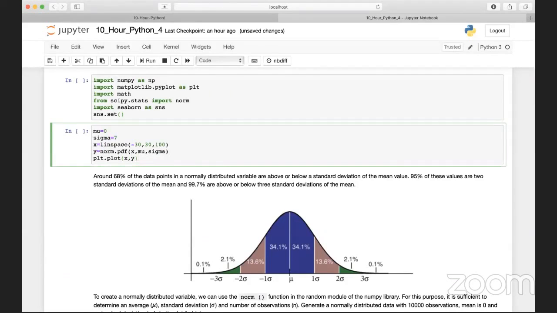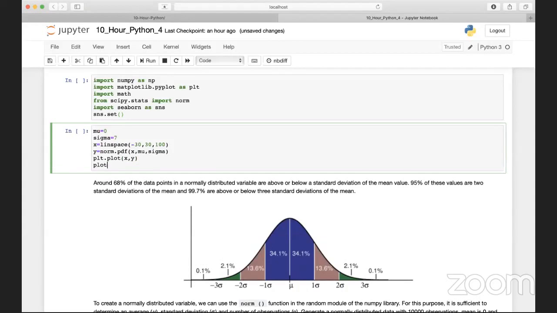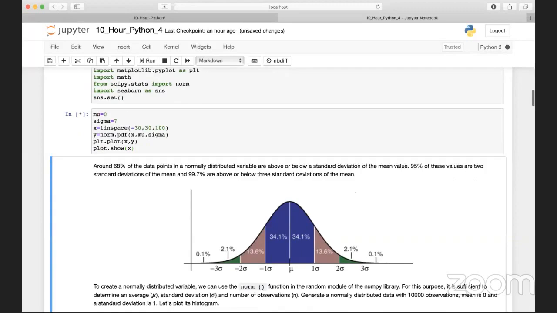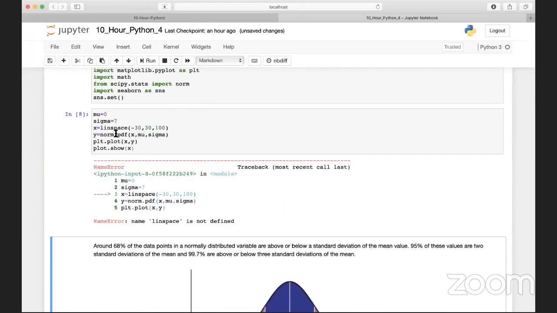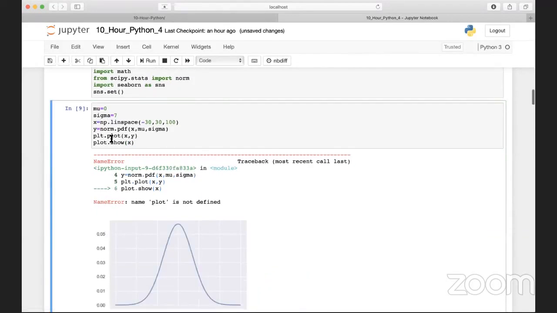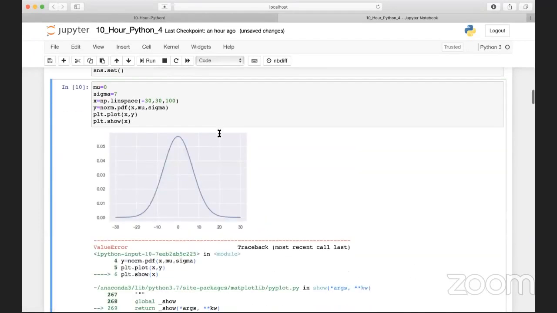Then I'm trying to plot this, and this is the normal distribution. That's why I'm looking for something symmetric. So plt.show. Let me run this first, and this one. Linspace, there's something wrong. It's np.linspace. I forgot to type np. plt.plot, plt.show. Okay, there we go. What's wrong?